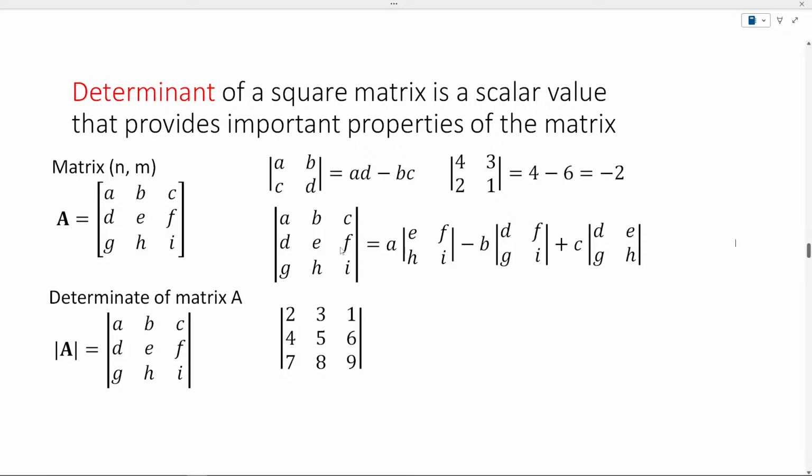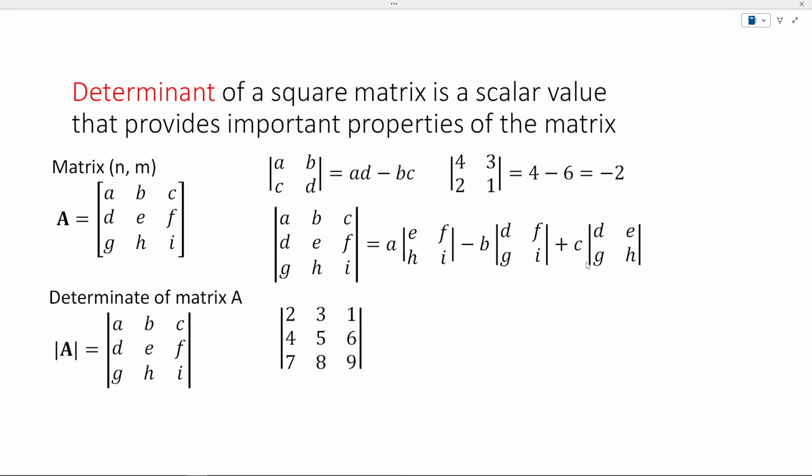The determinant of this matrix. So the determinant of a square matrix is a scalar value that provides an important property of the matrix, such as whether this matrix is invertible.